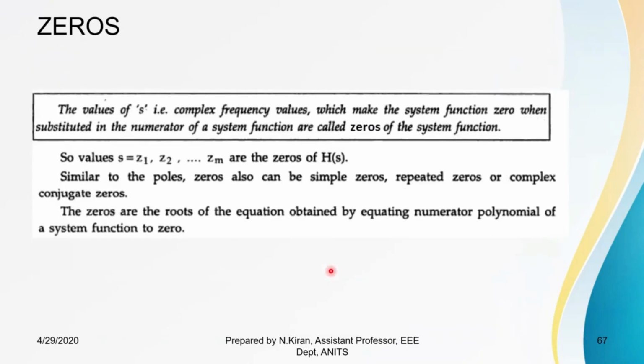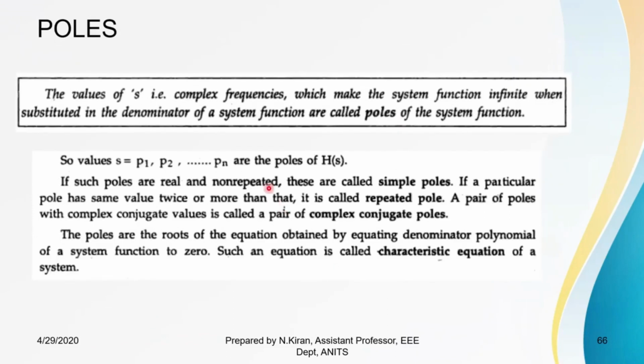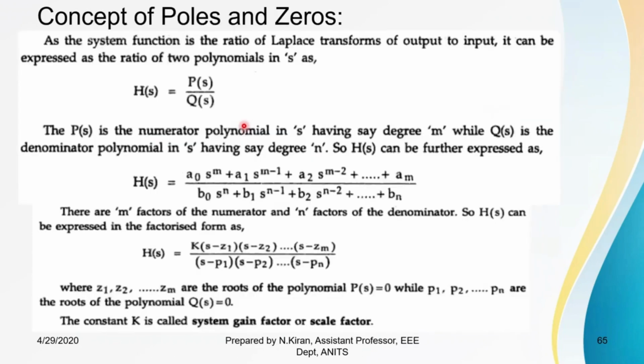So the values of s for which the given system becomes infinite, or the denominator of the function becomes 0, are called poles. So in this expression, this function becomes infinite when s is equal to p1, p2, p3, and so on till pn. So these p1, p2, p3, and so on till pn are called poles.